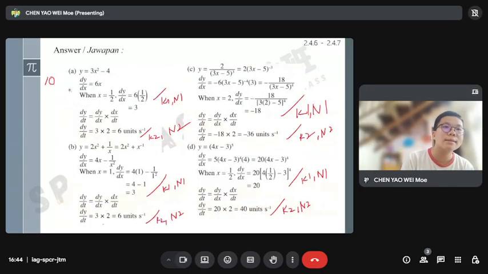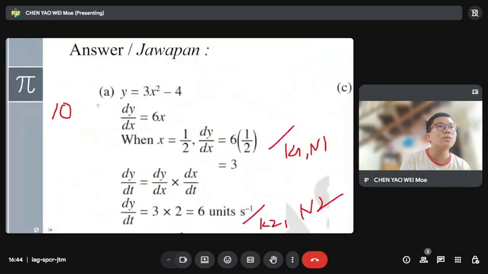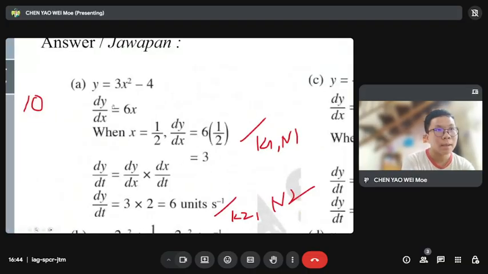Okay, first you do the differentiation dy over dx. Given x already, sub it in and you find the answer dy over dx. Now what do you want to find? dy over dt, because the rate of change of y. If it says cm, that is length, and cm squared is area.